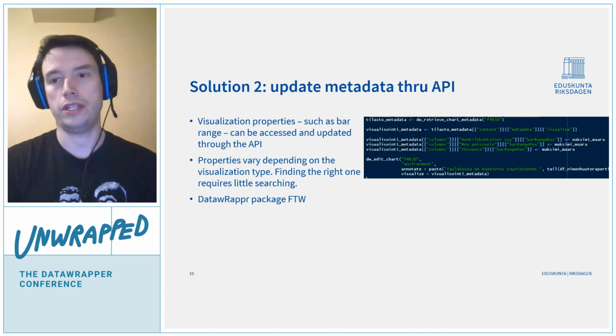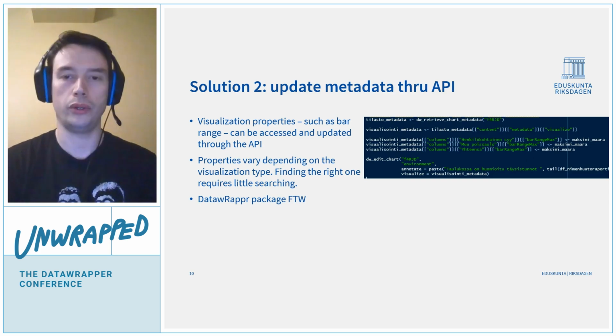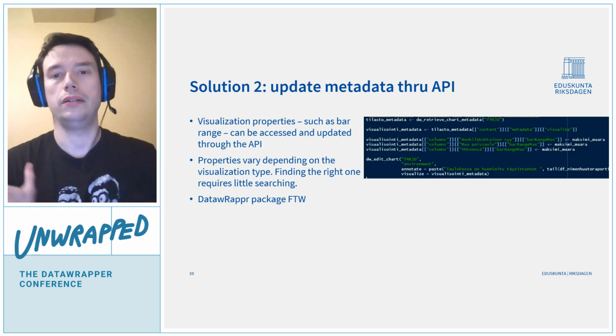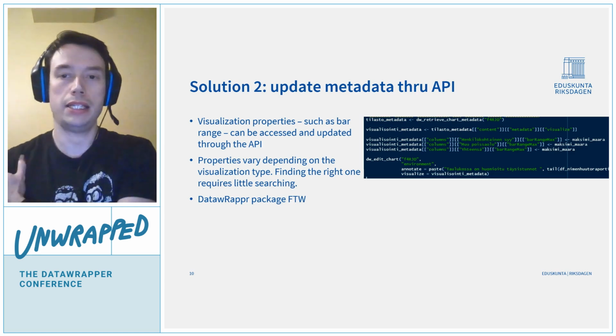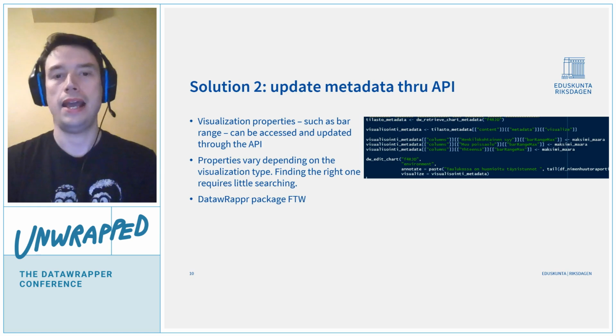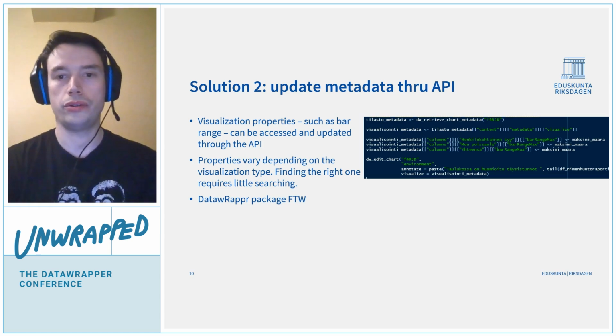So basically, I have this maximum value that I want to put into these columns. Bar range, as Kiko just showed, there is this command for how you can retrieve chart metadata. Then you have to find it from that list or bundle of lists, and then when you edit a chart, you can choose that you want the metadata put back into the chart.